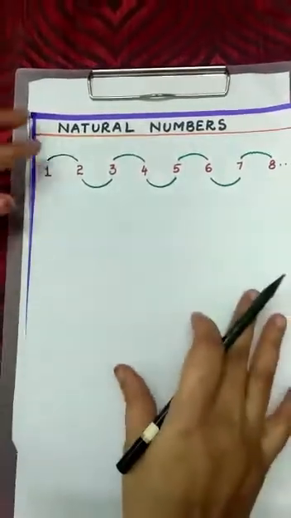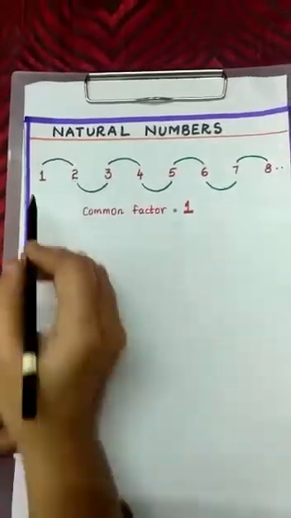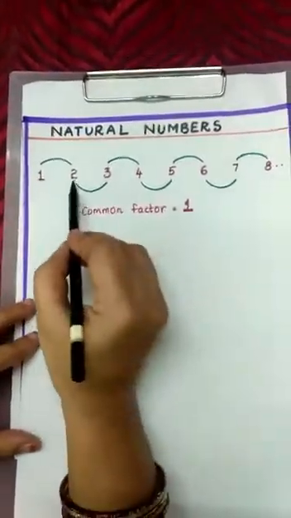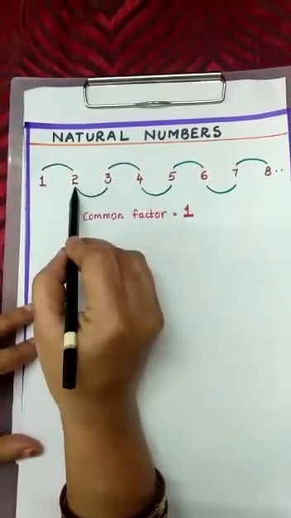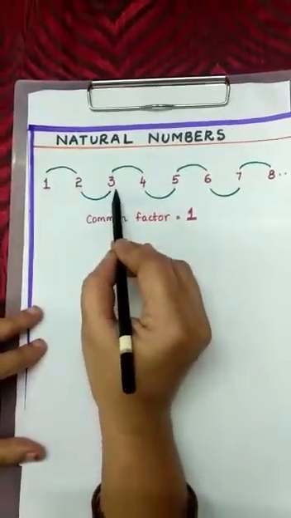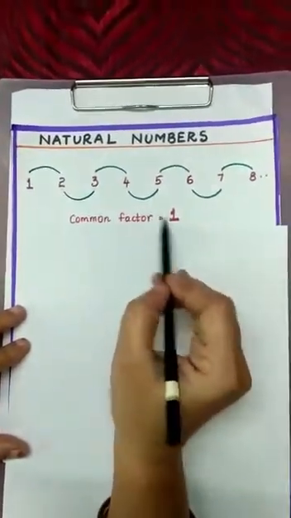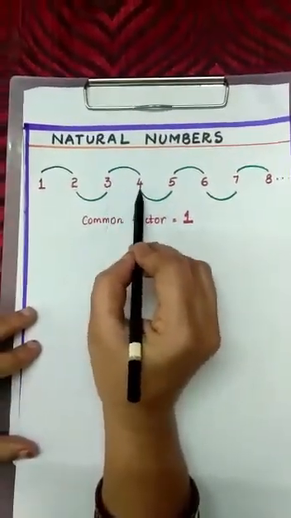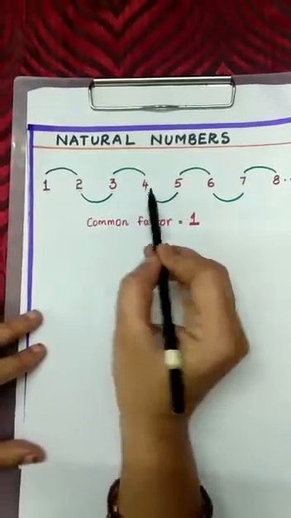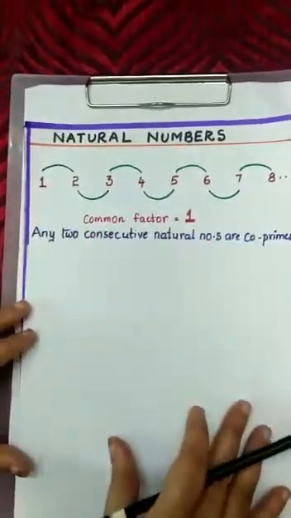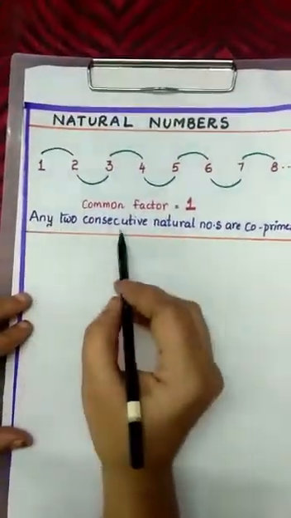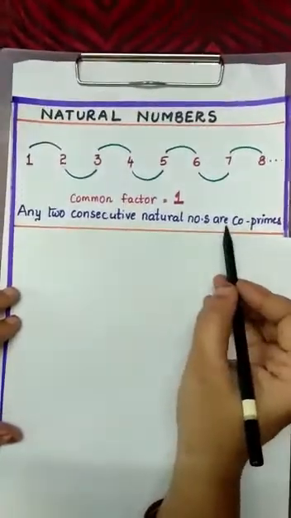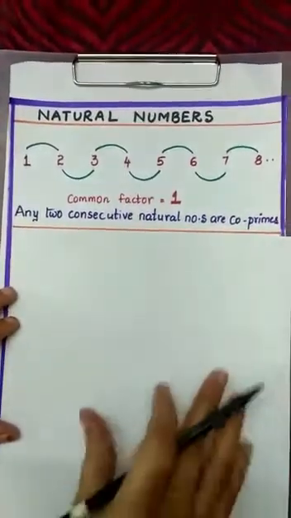Common factor is 1, so 1 and 2 are co-primes. If you take 2 and 3, factors of 2 are 1 and 2, factors of 3 are 1 and 3. Common factor is 1. Similarly, 3 and 4: factors of 3 are 1 and 3, factors of 4 are 1, 2, 4. Common factor is 1. It means that any two consecutive natural numbers are always co-prime numbers.